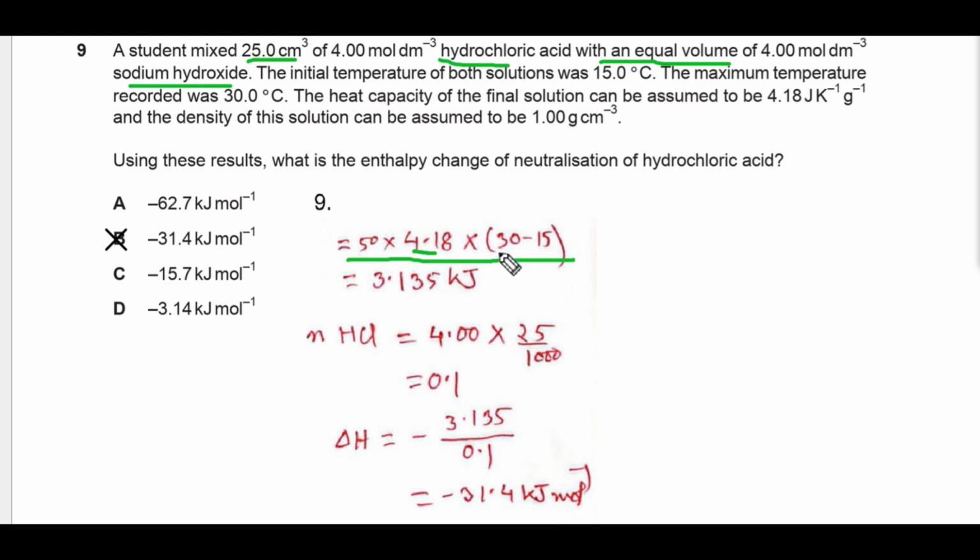Change in temperature is final temperature minus initial temperature, and you get this value. Then n means the number of moles of hydrochloric acid, concentration times volume, 0.1 mole. So enthalpy change per mole will be the energy transferred divided by the number of moles, 0.1, and this value will be negative because temperature rises. That's why this reaction is exothermic.